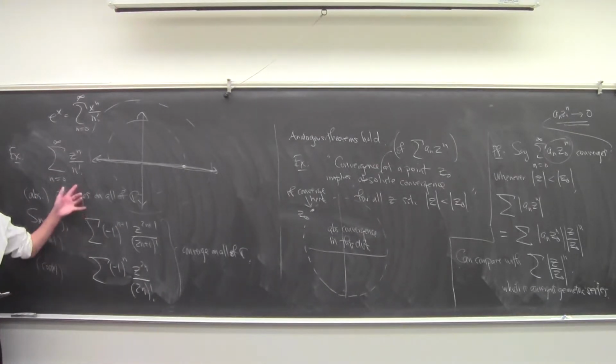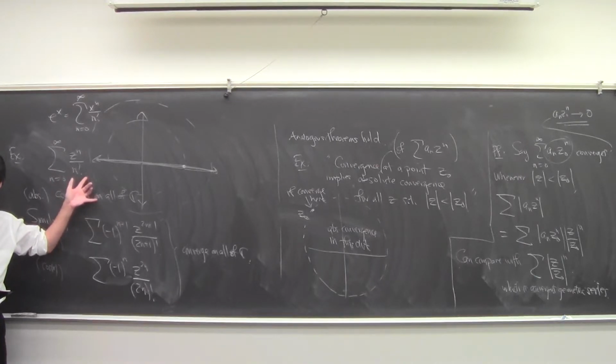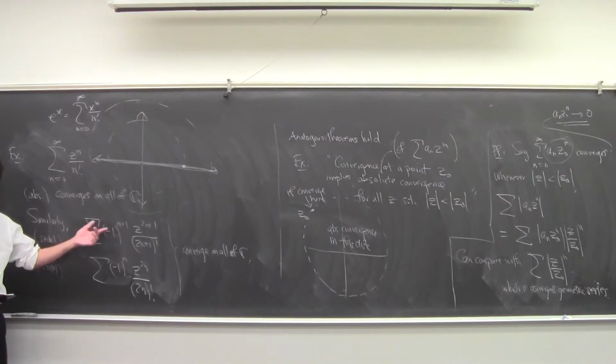Okay, now here's where things get cool. This is how we talk about the cosine of a complex number. This is how you define the sine or the cosine of a complex number.